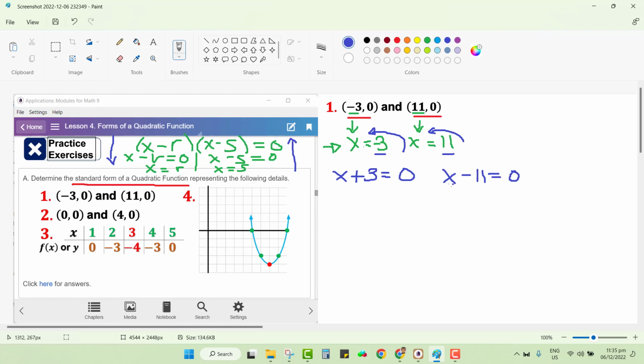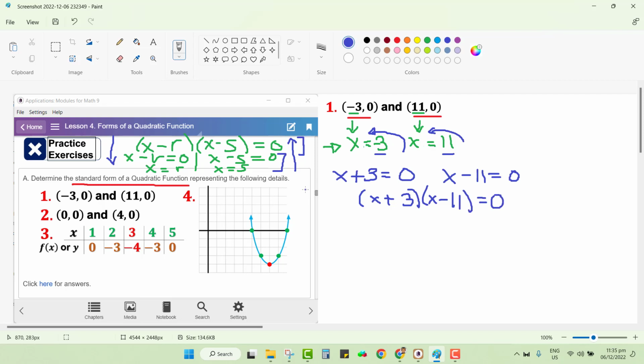Now, these are the two forms from this step here to here, just by working backwards. If we move a little bit closer to the original form, these two were just separated by the zero factor property, and hence this tells us that if we multiply the two binomials formed, x plus 3 and x minus 11, this will result in 0.